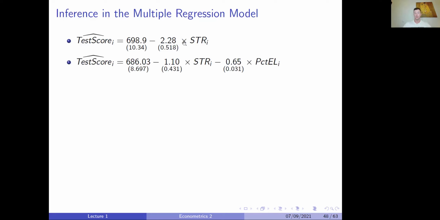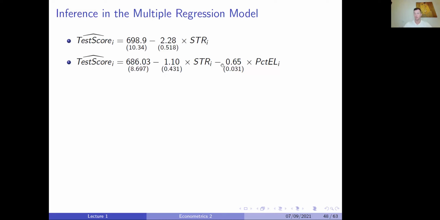So that was the single regressor model. Now we have the multiple regression model, and you see that the coefficient in absolute terms reduced, in normal sense increased, right, from minus 2.28 to minus 1.1.